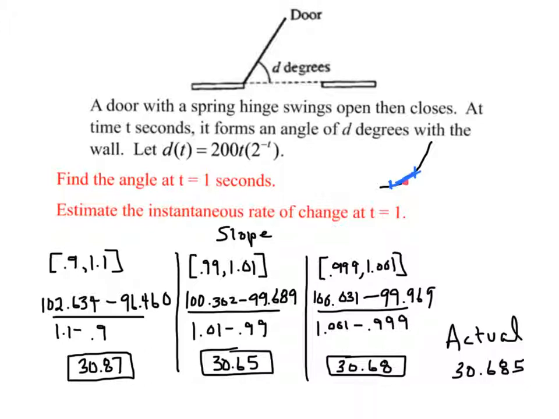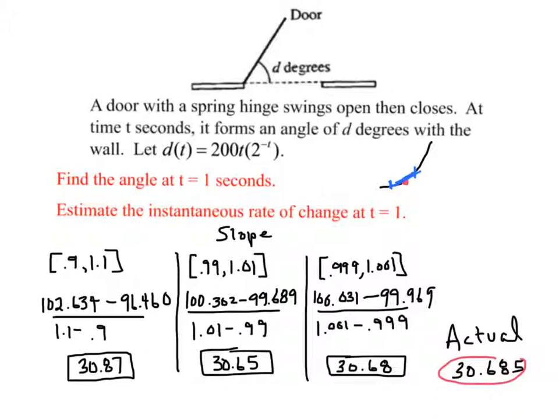So this is the big idea behind all of these things: as we pick points that are closer and closer to the value we're interested in, in this case time 1 second, we get closer and closer to the actual answer.